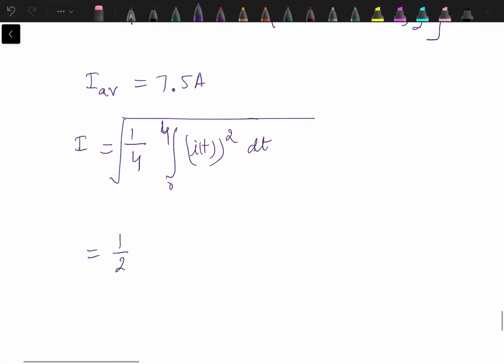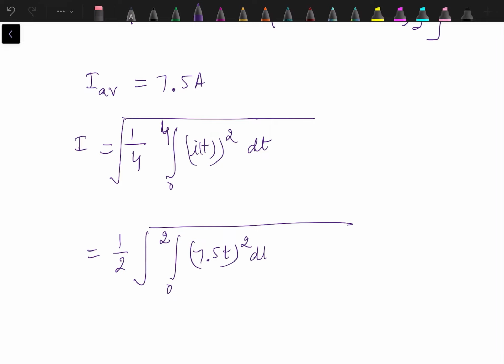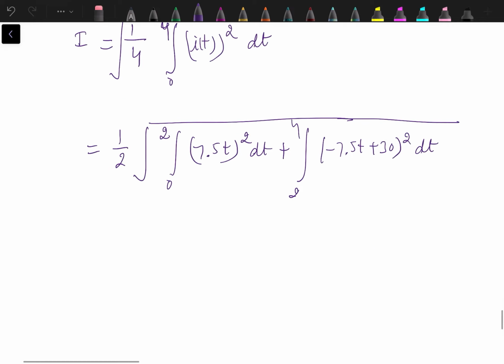So 1 by 2 outside the square root. Integration limits have to be broken from 0 to 2. From 0 to 2 it is 7.5 t square into dt. From 2 to 4, minus 7.5 t plus 30 square into dt.